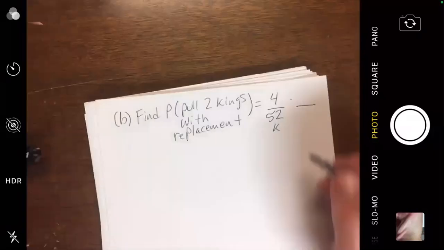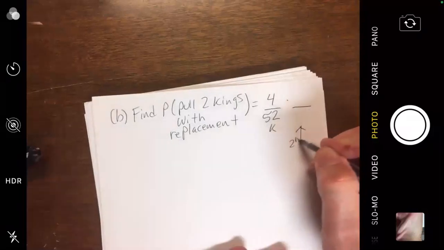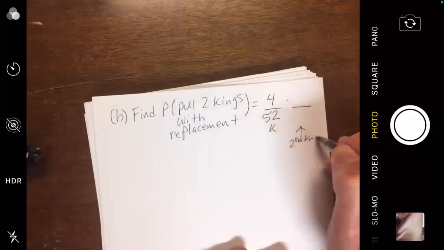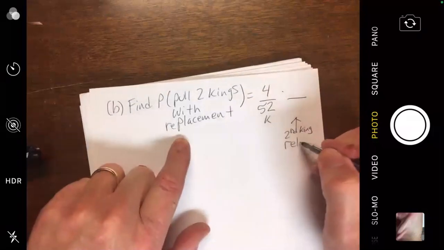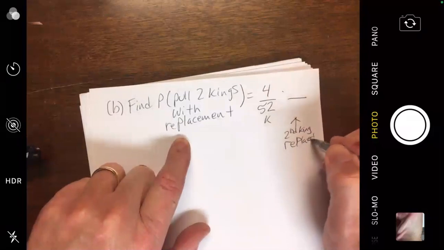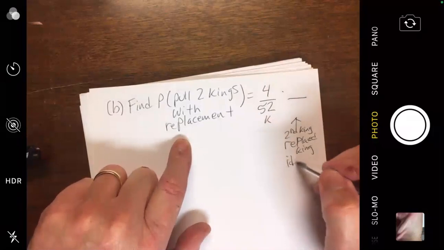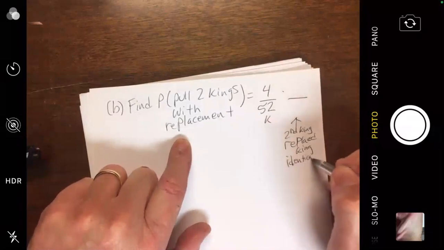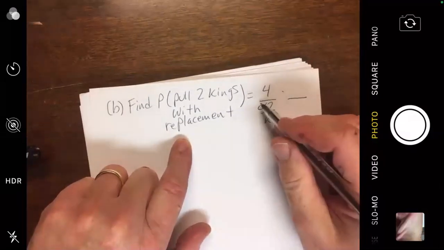Okay, this means you go to pull the second king, with replacement means you replace the king. So you've got the same identical deck on the second pull as you have on the first pull.